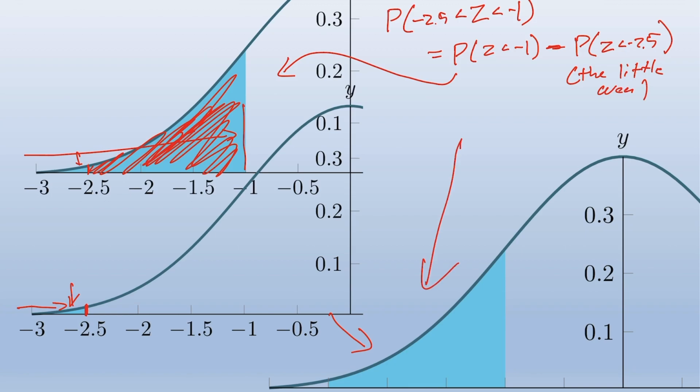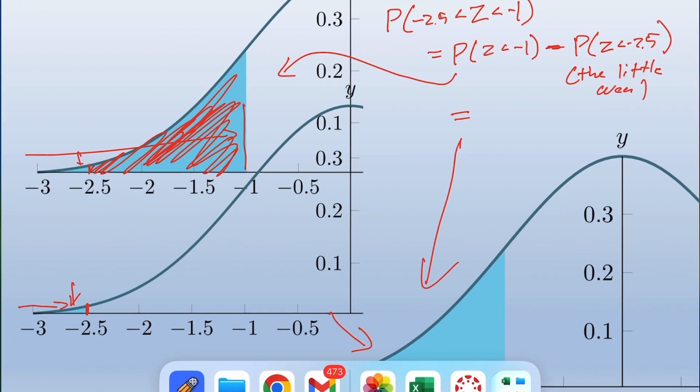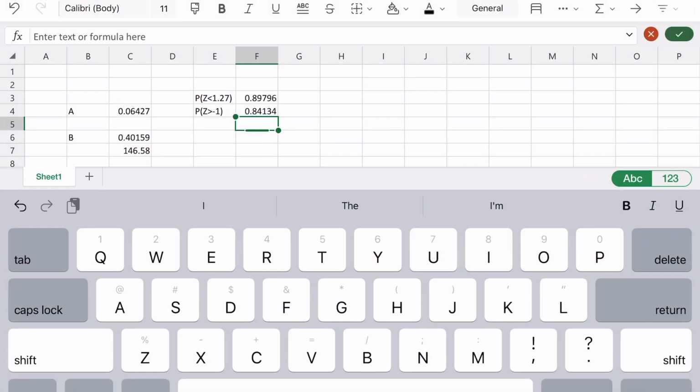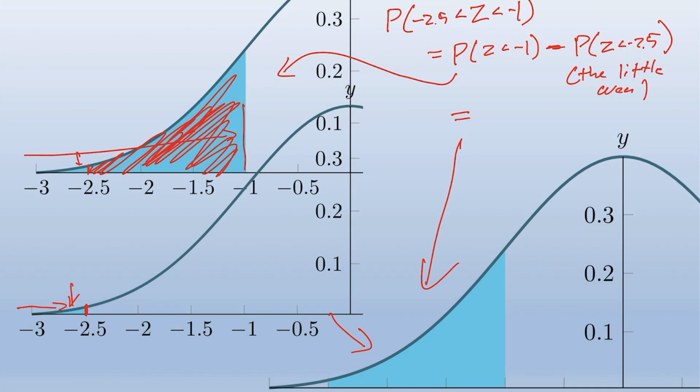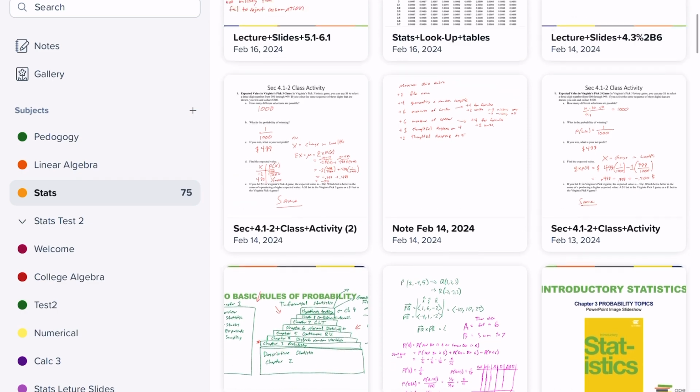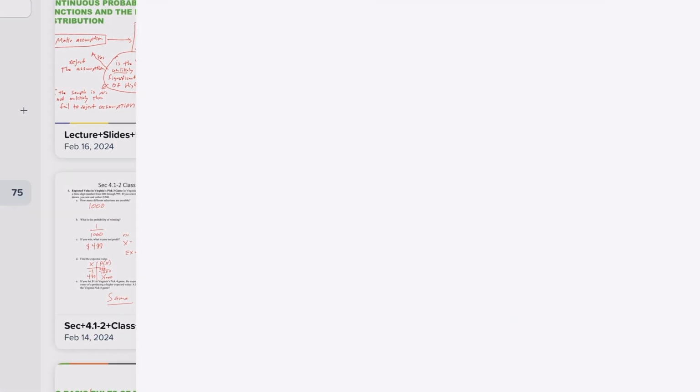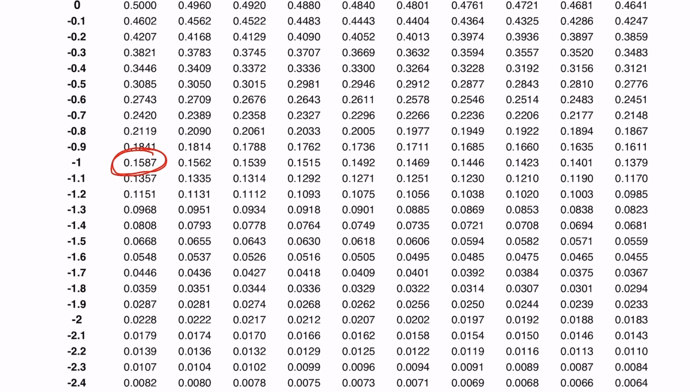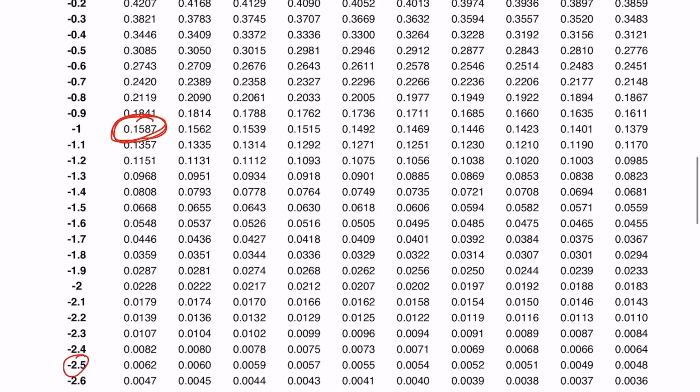So I'm going to go to my table in Notability. I'm going to find the bigger area, and the smaller area. The bigger area is from -1, and the smaller area is from -2.5. This one here is a small area, 0.0062.